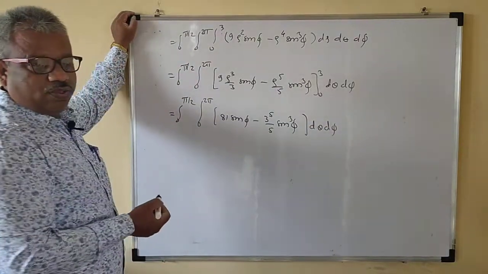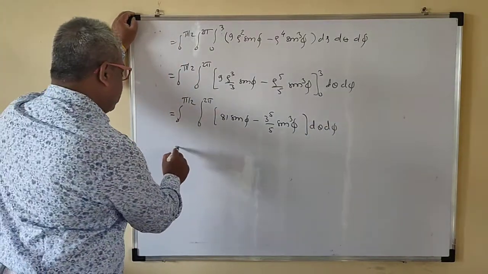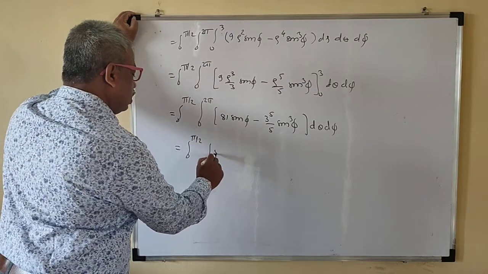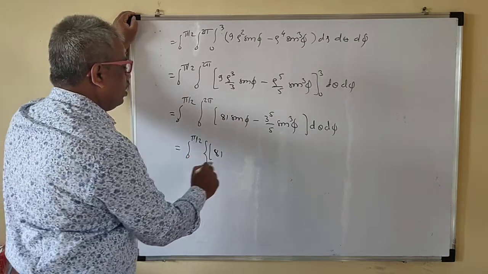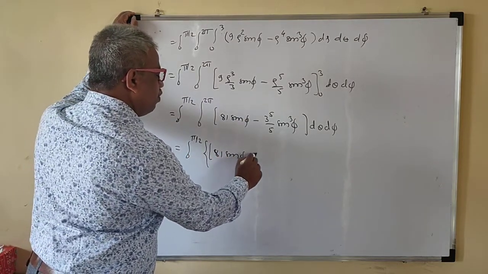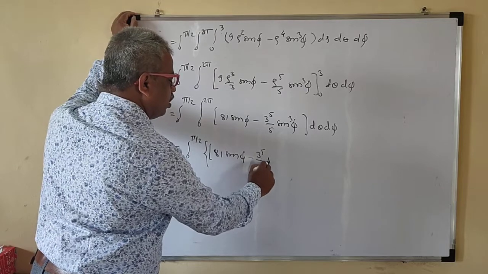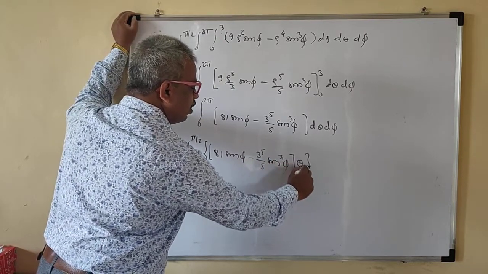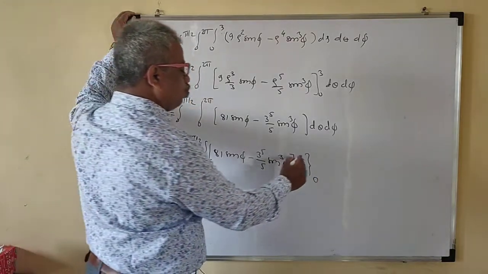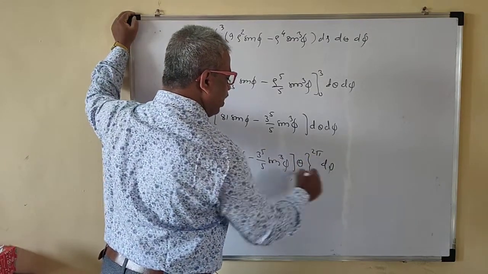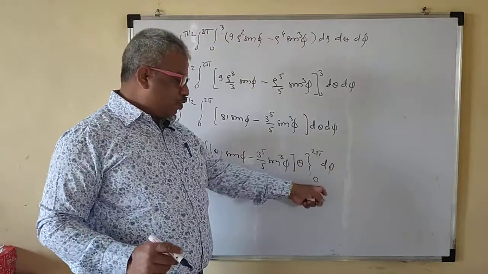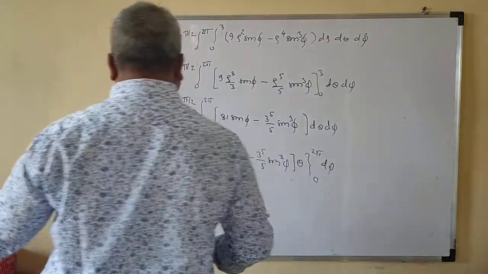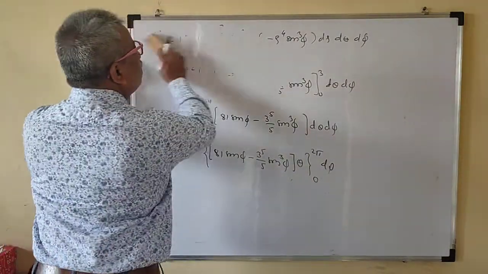Now this is sin phi only, there is no theta, so we can directly integrate it: 81 sin phi minus 3 to the power 5 upon 5 sin cube phi times theta, from 0 to 2 pi, d phi. If you put theta equal to 0, everything is 0, so I only have to put theta equal to 2 pi.